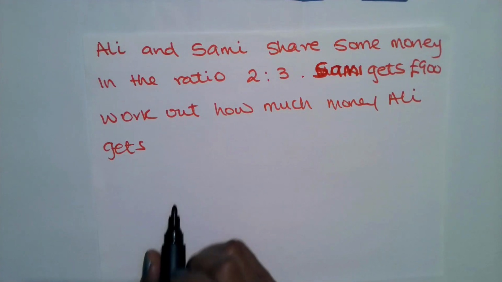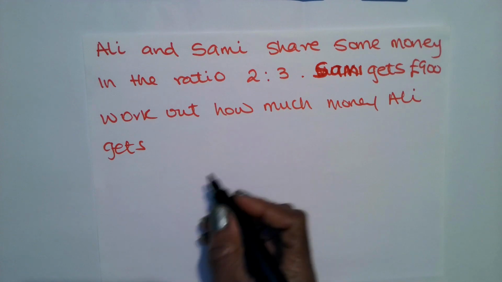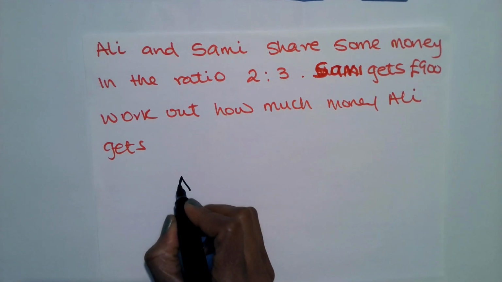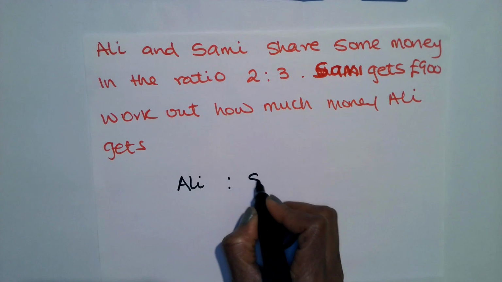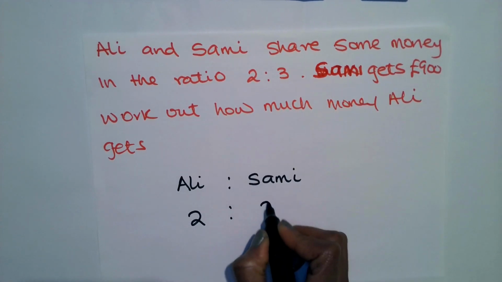Okay, let's look at this last question. Ali and Sammy share some money in the ratio 2:3. Sammy gets 900. Work out how much money Ali gets. So we have Ali is to Sammy 2:3.